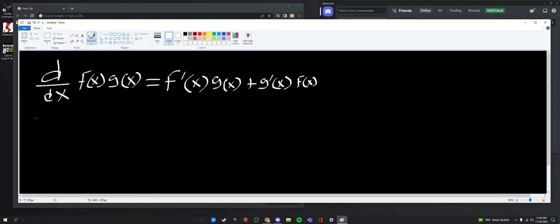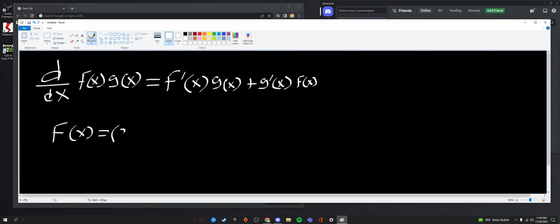It can get a little tougher when you do the product rule with other rules nested inside of it, for instance, product and chain rule or product and quotient rule. But for now, we're going to be looking at a pretty simple example. Let's say f of x is equal to just some product of polynomials.